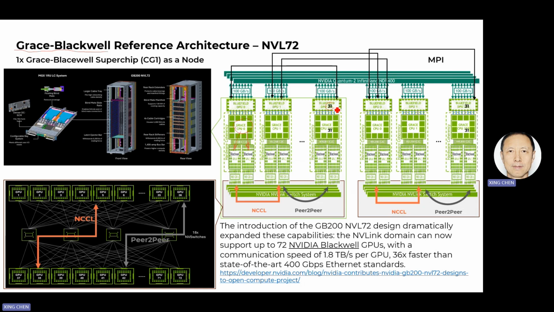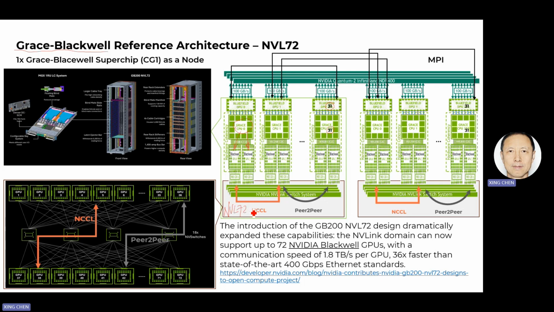So you have 32 nodes per NVL domain. Something is wrong here. It should be 35. I'm going to correct it later on, but we need to continue. Here, the domain is NVL72.